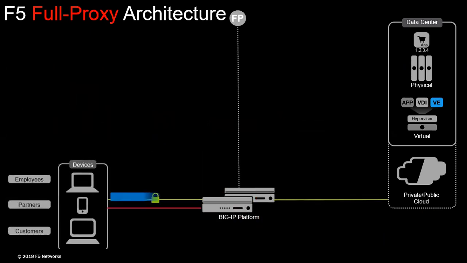So for instance, when an employee over the internet requests a service from behind F5 web services, the first thing is that the three-way handshake is established between the requesting client and the F5. One of the things this mitigates against naturally is DDoS attack against the web server.